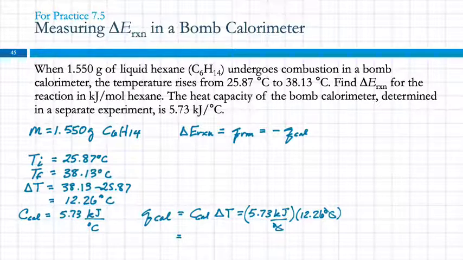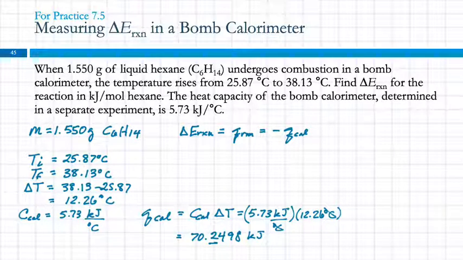So this is equal to 70.2498, 3 sig figs. And the unit is kilojoules. Delta E equals Q for the reaction, which is negative Q for the calorimeter.